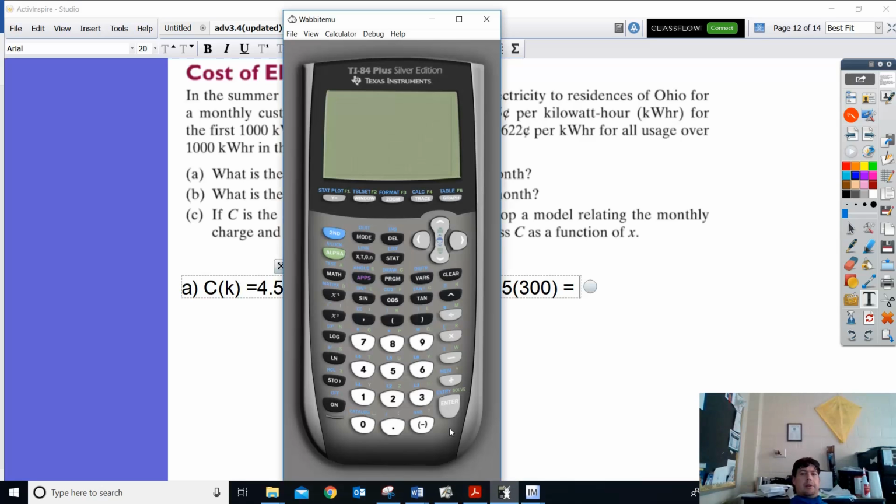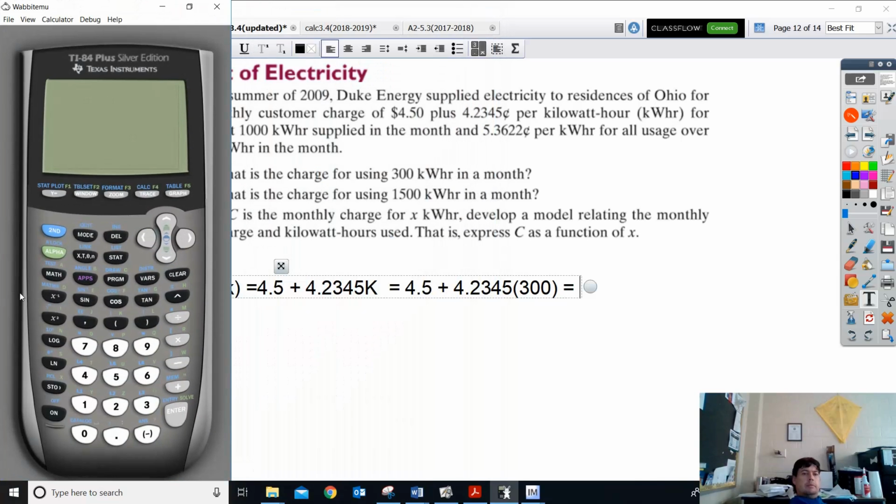All right, so I can't do that in my head. What's it going to cost for the first 300 kilowatt hours? Which, by the way, is not a whole lot of electricity.